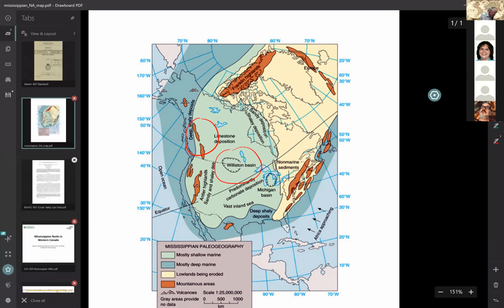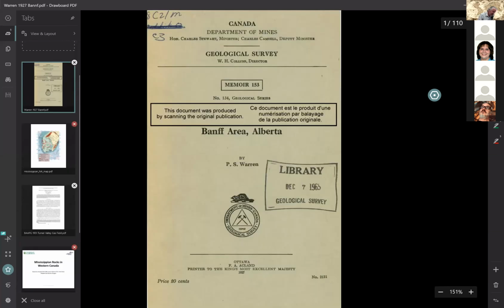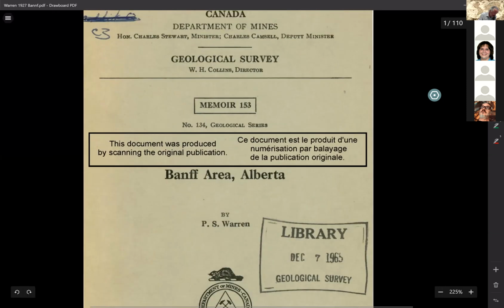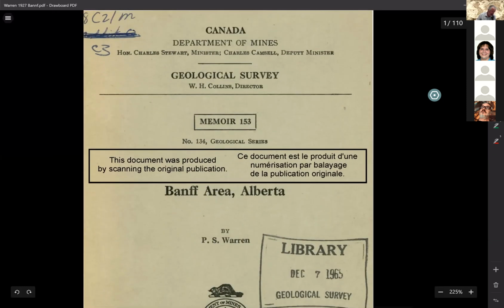And then I wanted to show you some resources you can get to. This is a geological survey memoir, available as a digital memoir. I downloaded this because it has a lot of the Rundle stratigraphy in it. The geological survey calls these compilations of work memoirs. Quite often, if you look something up in geology and it's done by a geological survey, it's called a memoir, so don't let the name fool you.